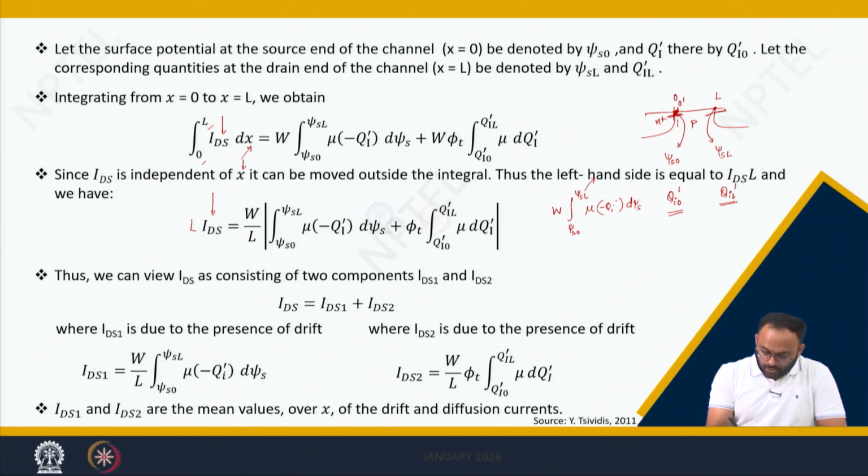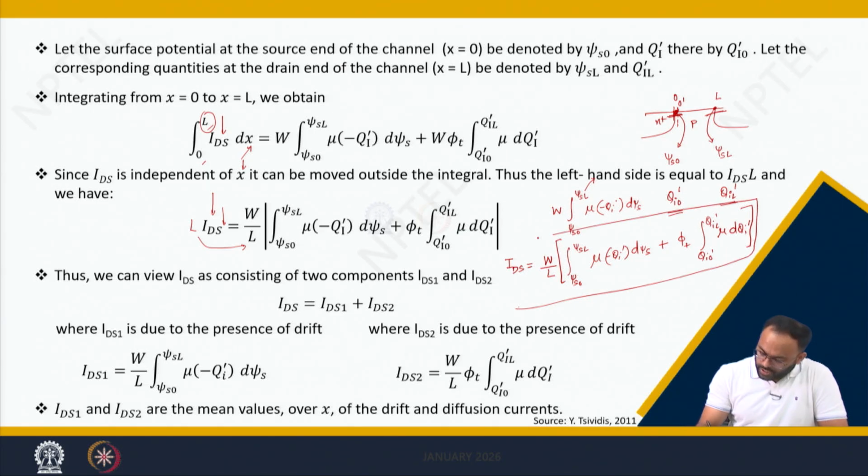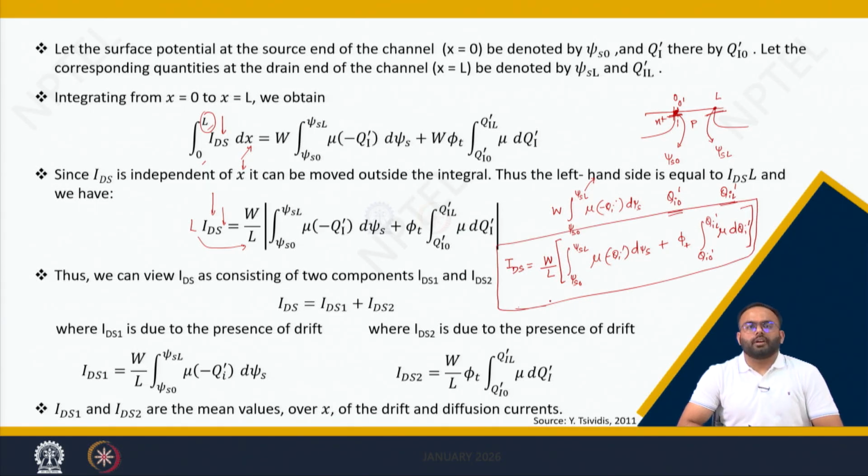So following this notation, we can rewrite our equation as Ids is equal to W divided by L. So we are getting L from here at the left hand side, we are just putting it in the denominator, into integration of psi s0 to psi sl mu into minus Qi dash d psi s plus phi t integration Qi0 dash to Qil dash mu into dQi dash. This is the equation of current which comprises both components of drift and diffusion.